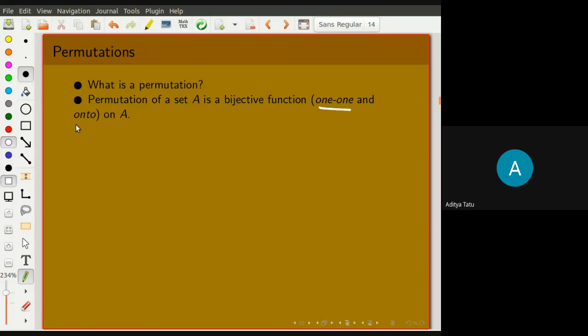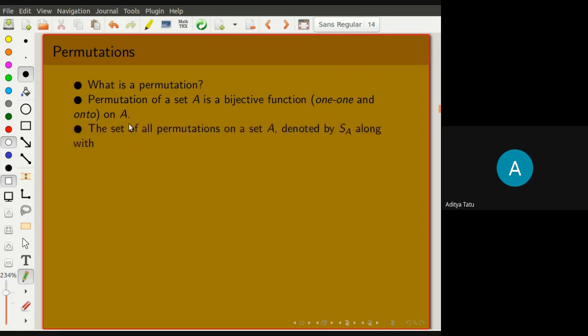What is a one-to-one function? What is an onto function? A discrete math course, right? One-to-one is sometimes also called an injection, not the one that you hopefully got during vaccination. Onto is also called a surjection.